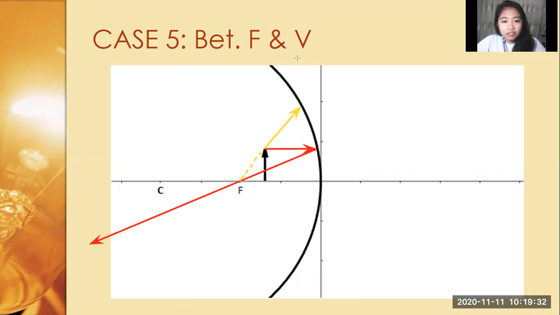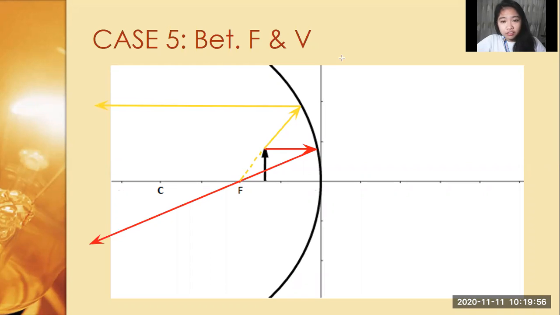And then for our reflected ray, it should be parallel. As you can see, it doesn't intersect, but we will do something later.